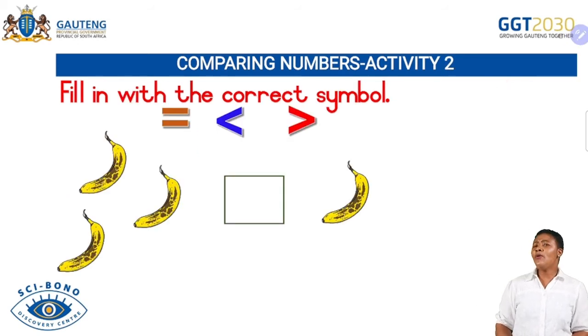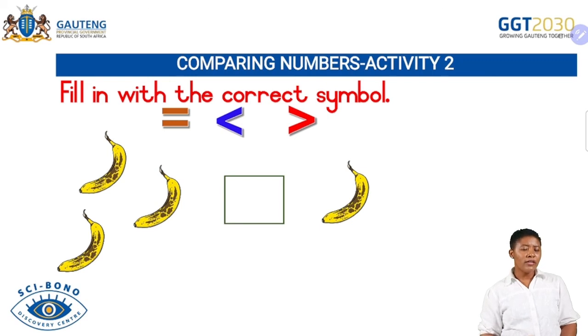Now I want us to fill in the correct symbols. Look at your symbols. We have the equal sign, greater than, and less than. Let's look at the following pictures. We have pictures of bananas. How many bananas are there? They are 3.